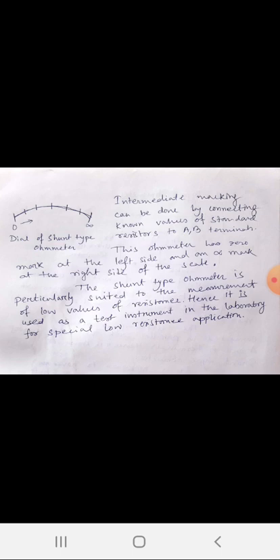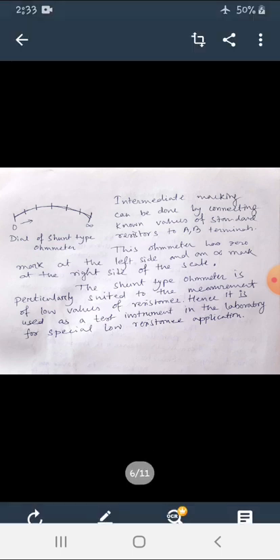Okay, clear? So intermediate marking can be done by connecting known values of resistor between A and B. Suppose we are discussing the 0 ohm and the infinite ohm. What about the intermediate resistance? So intermediate resistance, suppose 100 ohm, suppose 1k, suppose 10k, whatever the resistance, it may be an intermediate position depending on the range of the ohm meter.